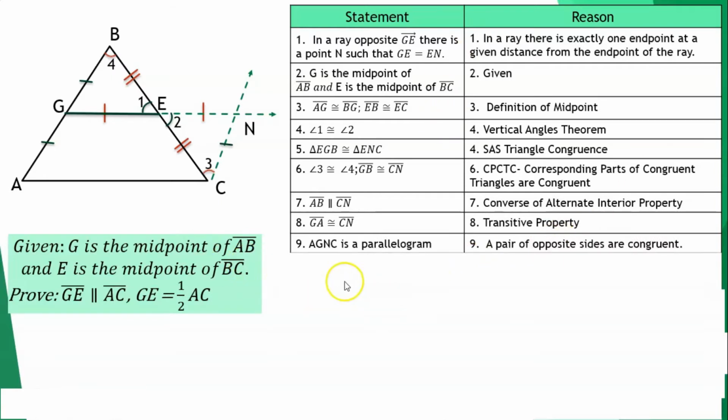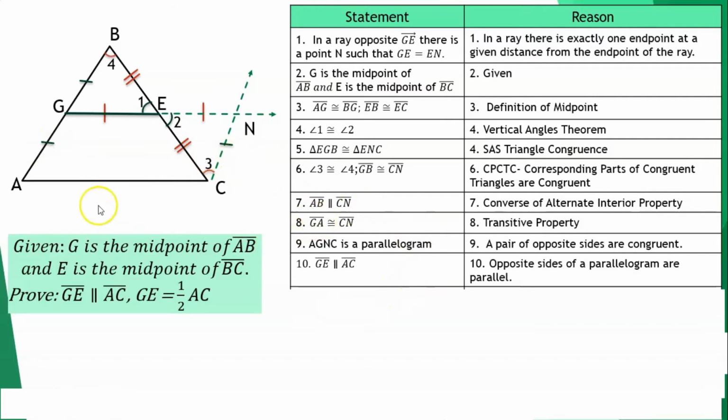With that, we can say that AGNC is a parallelogram. It's because a pair of opposite sides are congruent, that is GA and CN. So if this is a parallelogram, it would follow that GE is also parallel to AC. It's because opposite sides of a parallelogram are also parallel.